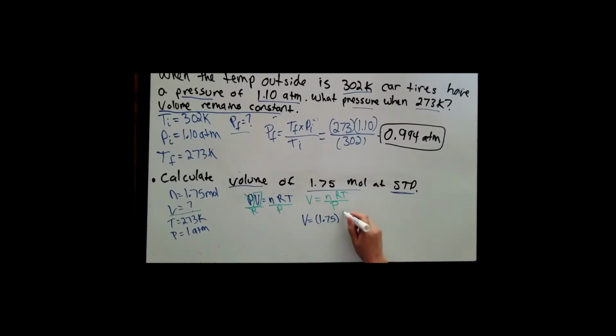That R value is 0.08206. So we're going to plug that number in for the R value. We're then going to take our standard temperature of 273 and plug that in for temperature. And then standard pressure is just 1.